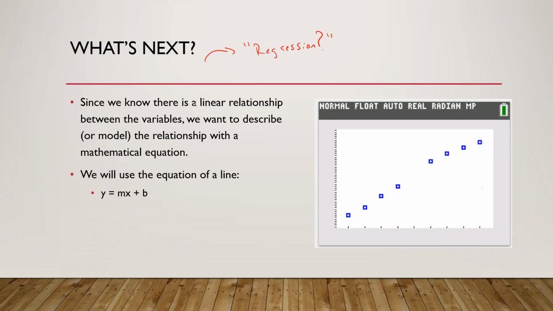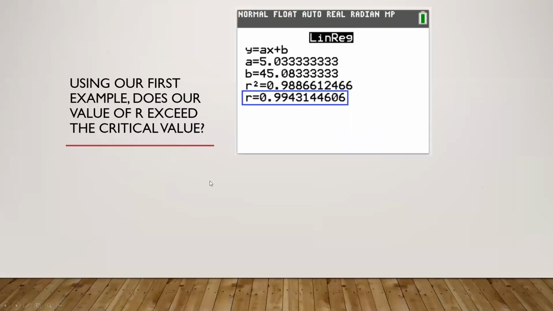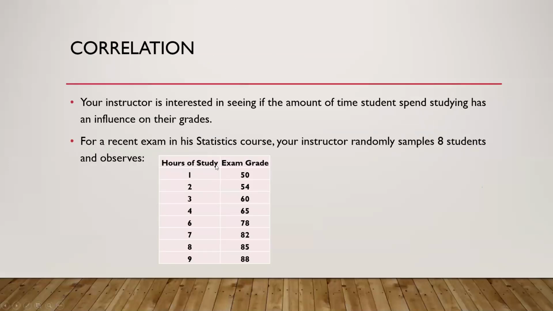Since we know there is a linear relationship between the two variables, going back, I shouldn't have skipped so far ahead, but I want to look at this first example we started class with today.